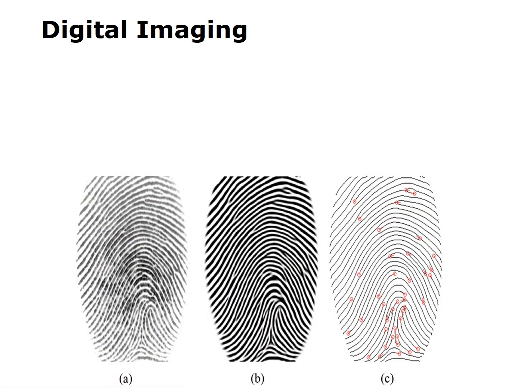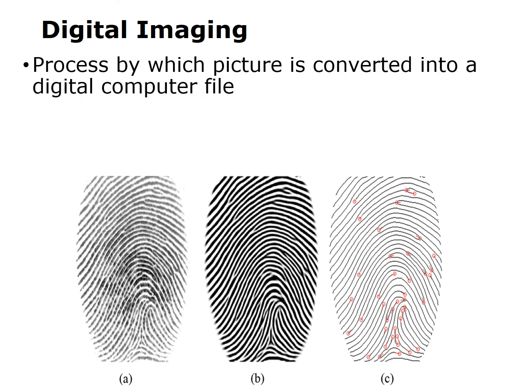Digital imaging. Once you have that print permanently preserved on, for instance, a 3x5 card, you can then put that 3x5 card into your AFIS technology machine, and it does something called digital imaging. It takes the actual picture and converts it into a digital computer file.